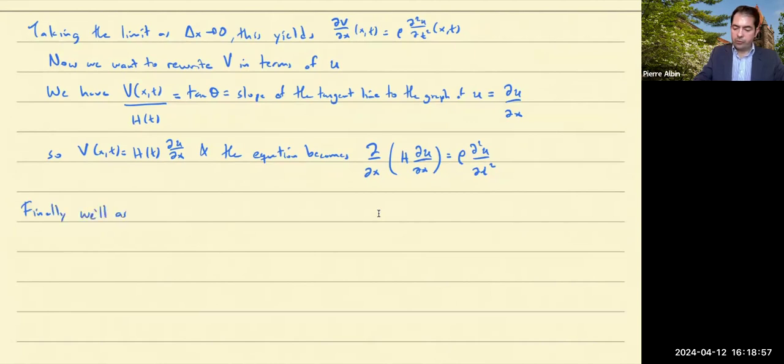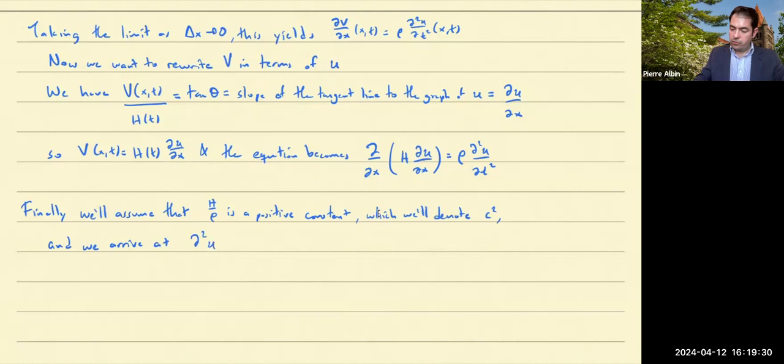Finally, we'll assume that h over rho is a positive constant, which we will denote c squared, and we arrive at the second derivative of u with respect to time equals c squared times the second derivative of u with respect to x.